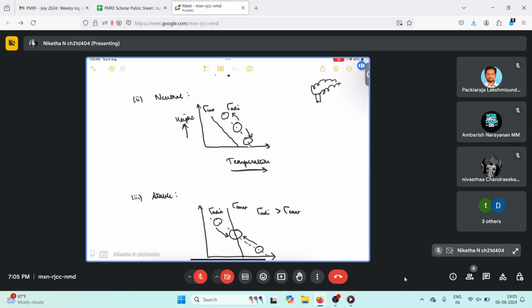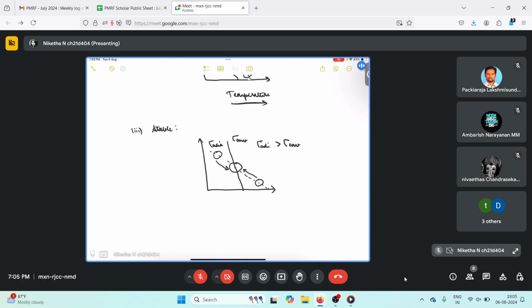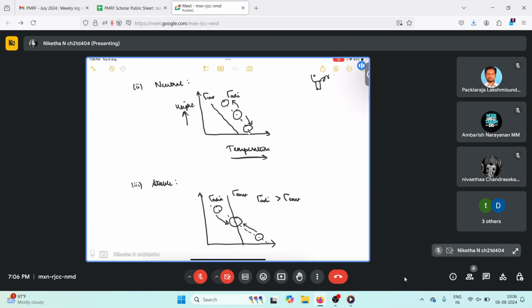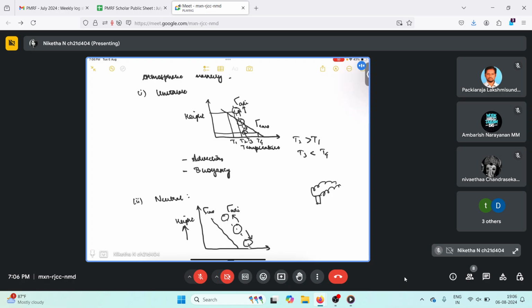But in neutral condition, it will move up, but only if there is any wind. Otherwise, it's not going to go up. And in stable conditions, even though the wind is pushing it upwards, it won't stay there for long. It will come back down. So based on this, can you tell me which condition is suitable for pollution dispersion?